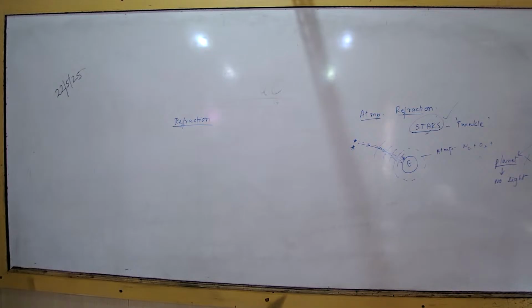Okay, the next thing that we are writing: formation of a rainbow. Your heading will be formation of a rainbow. I'll give you certain important points. Use those points for writing down your answer. Ready?